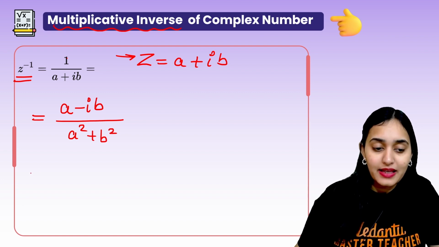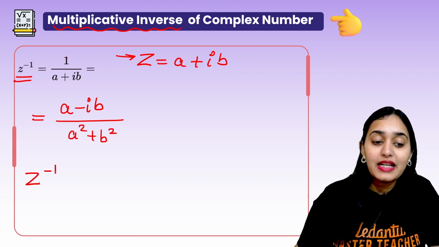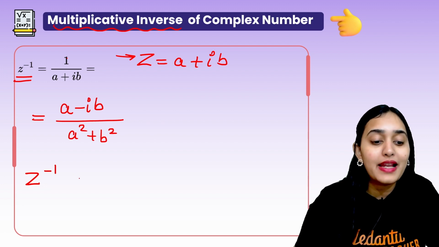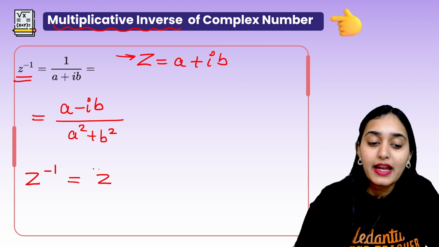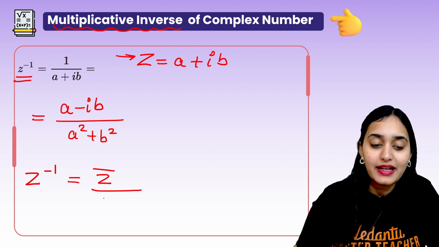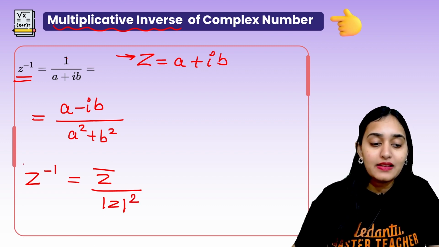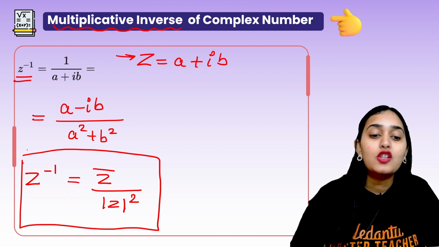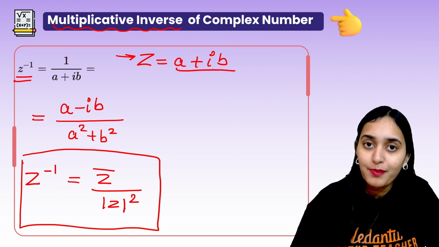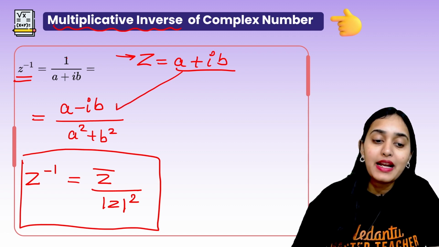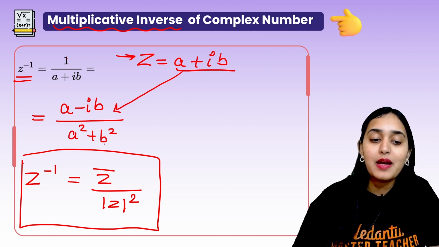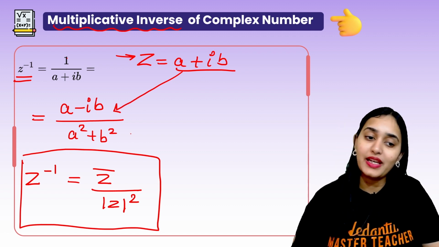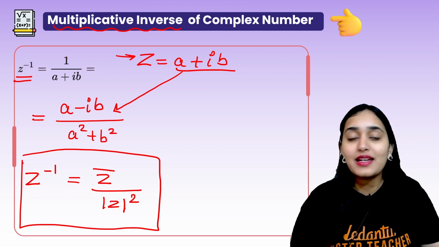So the multiplicative inverse of a complex number is the conjugate of the complex number divided by the modulus of the complex number squared. This is the formula for multiplicative inverse. So if you have a complex number a plus ib, the multiplicative inverse will be a minus ib upon a square plus b square. Okay, this is used in many questions.